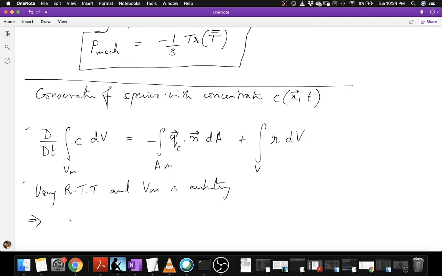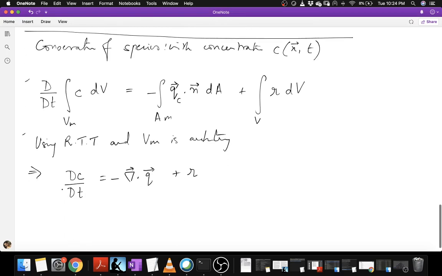Leads to the material derivative of concentration with time being given by the divergence of Q with a negative sign plus the volumetric rate of reaction.